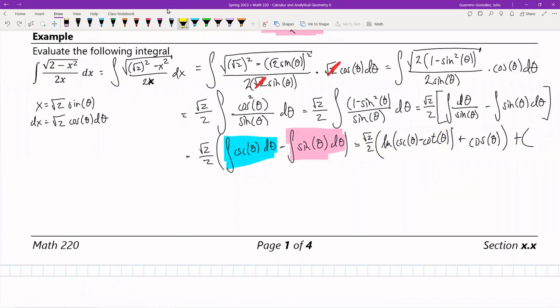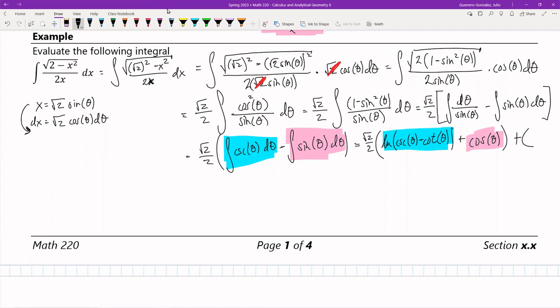We need something that gets us all of this and something else that gets us just cosine theta. To get these pieces, we're just going to try our best to construct our sines and cosines and then divide however we need to.